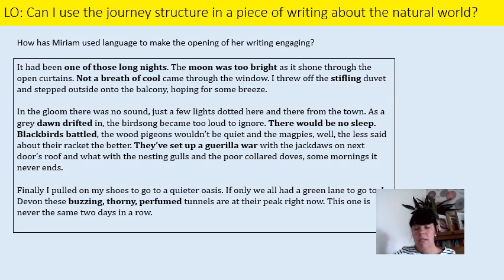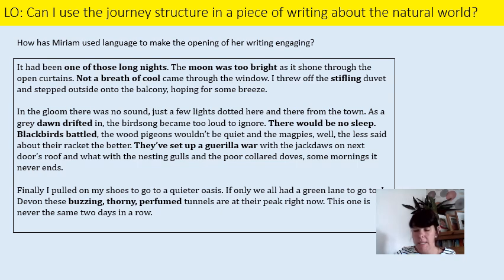Lots of imagery. It's so beautiful and rich in imagery, isn't it? Just in the first paragraph, we've got the visual imagery: the moon was too bright as it shone through the curtains, and blending that with kinesthetic imagery, not a breath of cool. The language choices are very precise, so the adjective used for the duvet, the stifling duvet, is a really well chosen adjective to emphasize the restlessness and the discomfort of a hot, sticky summer's night.